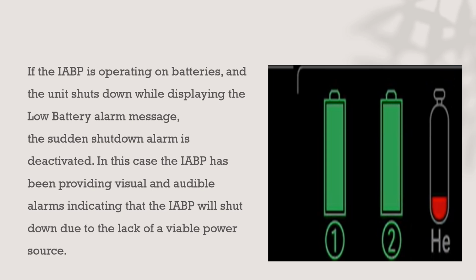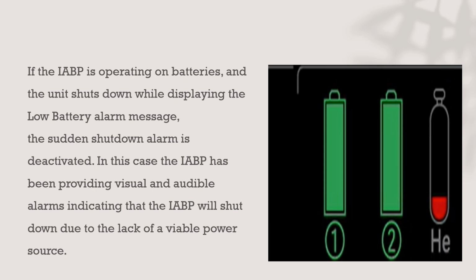It's very important to differentiate between the two alarms, the low battery alarm and the sudden shutdown alarm. The low battery alarm will be given if the balloon is operating on batteries and the unit is shutting down due to low battery.